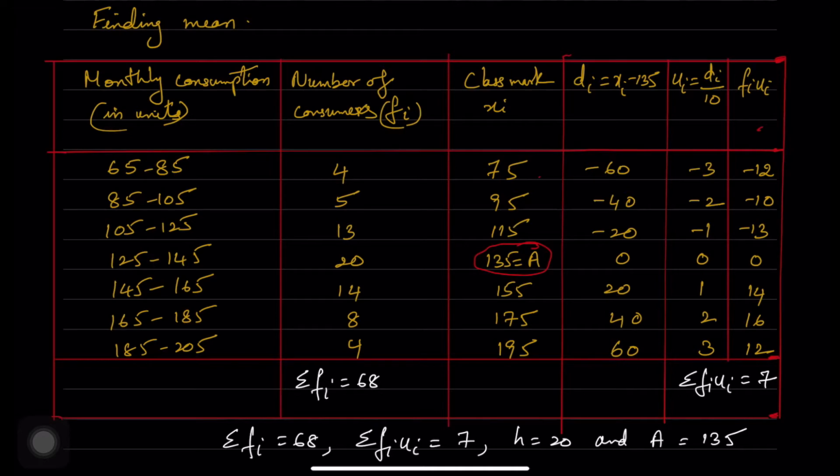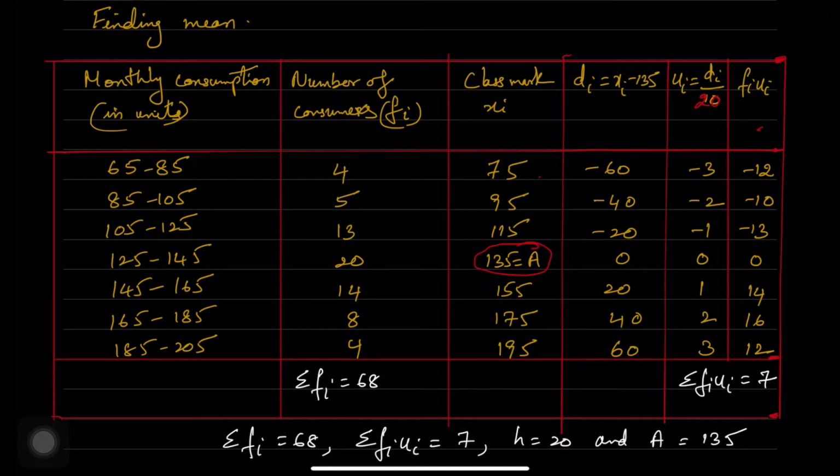Now what is the width of this class? The width of the class is 20. So we are doing di by 20. When you divide, minus 60 by 20 gives minus 3, then minus 2, minus 1, 0, 1, 2, 3. Then fi into ui: fi is the second column and ui is the fifth column, so we multiply both. 4 into minus 3 is minus 12, 5 into minus 2 is minus 10, 13 into minus 1 is minus 13, 20 into 0 is 0, 14 into 1 is 14, 8 twos are 16, 4 threes are 12.